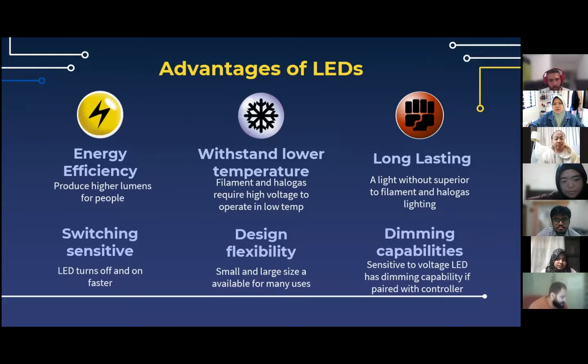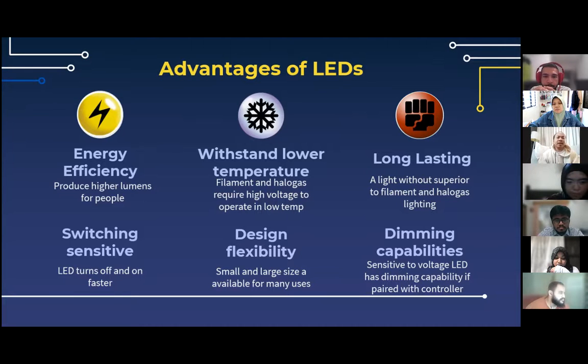There are a few advantages of LED compared to different lighting methods. First, energy efficiency, because it produces higher lumens. Lumen is a unit to count light. So it produces higher lumens. Next, withstand lower temperature.